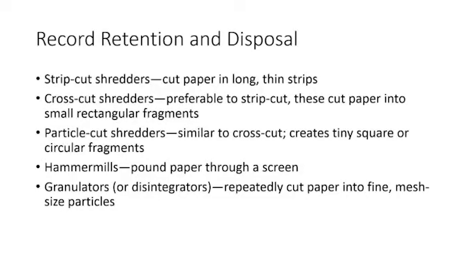I would say it's nearly impossible to reverse engineer or put back together. There's not going to be any way possible to do that with this. Now you also may have a granulator or a disintegrator. You're repeatedly cutting that paper up into fine mesh-sized particles. Again, I'm going to venture to say that's impossible to put back together.